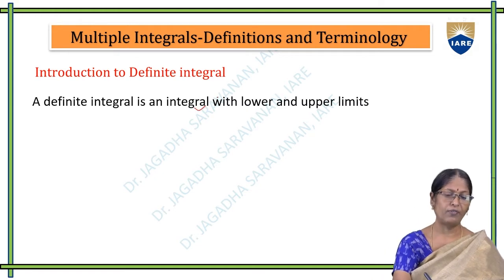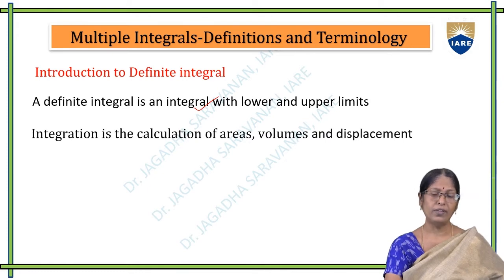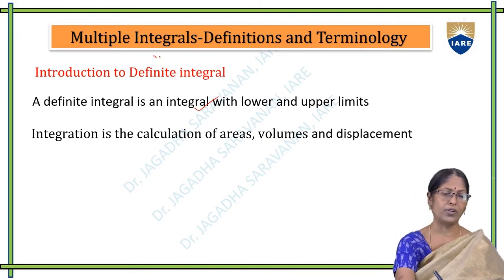A definite integral is an integral with lower and upper limits. If it has them, then it is definite. If it doesn't have them, then it is indefinite. Multiple integrals are only the extension of this definite integral.